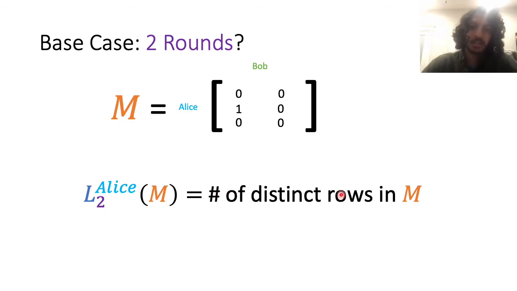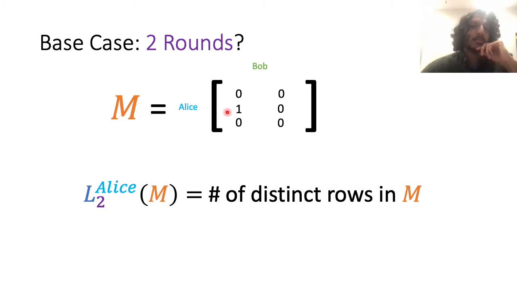The idea behind this is that suppose you're in a 2-round setting, so Alice only gets to communicate once, and Bob only gets to communicate once. If Alice didn't provide enough information to distinguish between, let's say, the first row here and the second row here, then Bob would have to know, based on his input and the information he gets from Alice, whether the output is 0 or 1, because this is only a 2-round protocol, so Bob needs to know the answer based just on Alice's message.